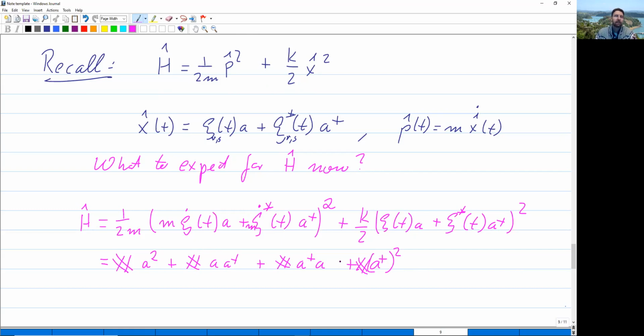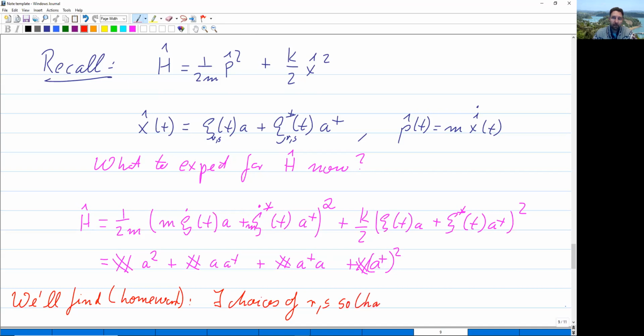It turns out we can choose the, we'll find, and this is homework, there exist choices of R and S such that the canonical commutation relations are obeyed, but also so that 2 terms vanish.